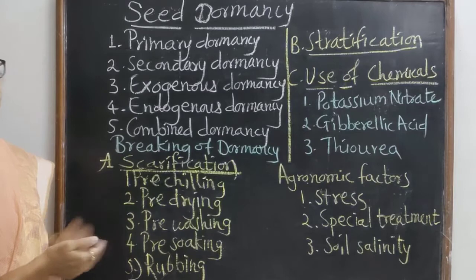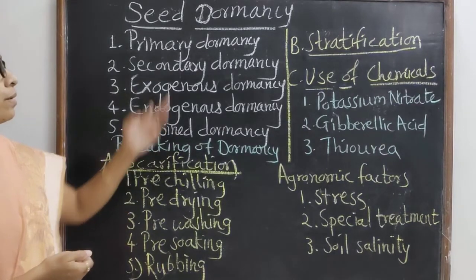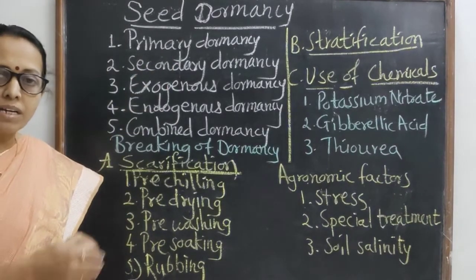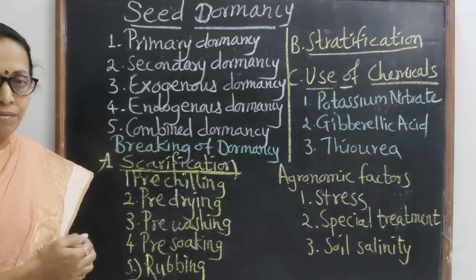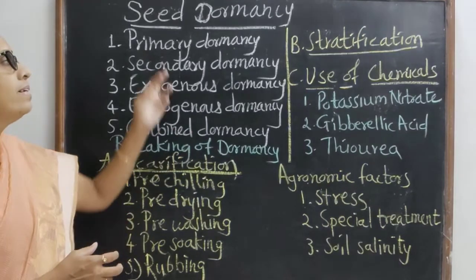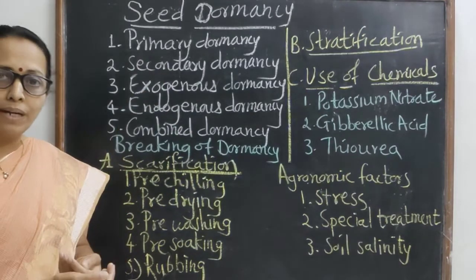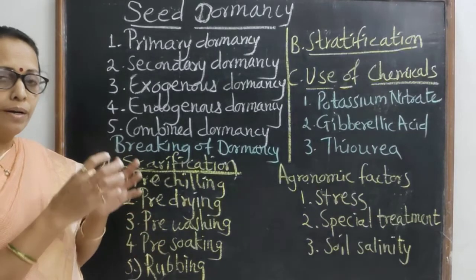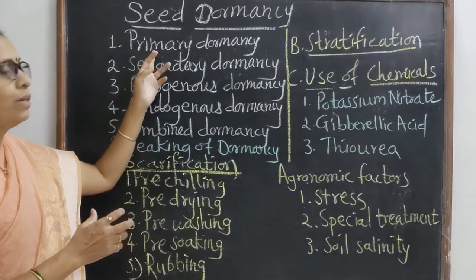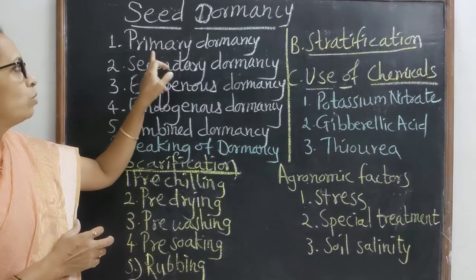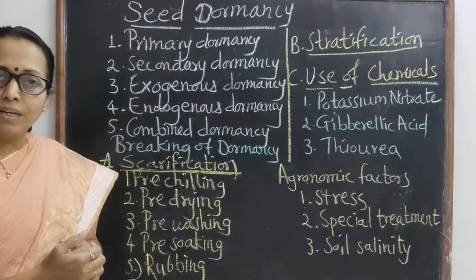So these seeds will not remain capable of germination after that period. When the embryo is matured, these seeds fail to germinate. They undergo some temporary period of dormancy. So we call it primary dormancy.